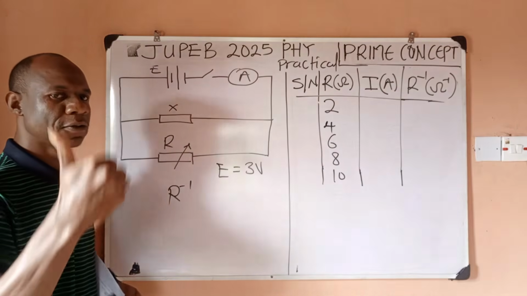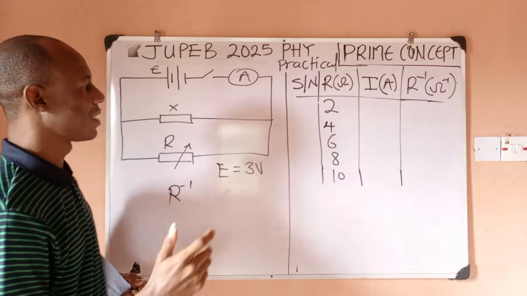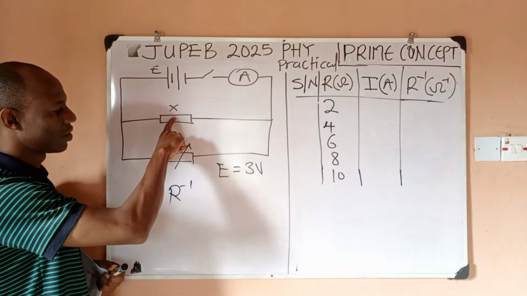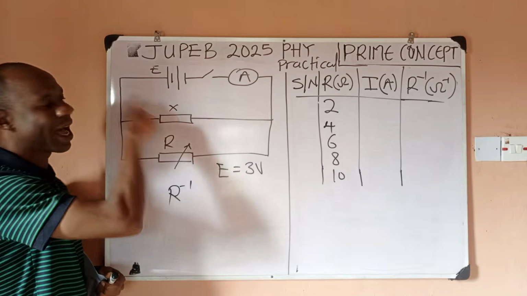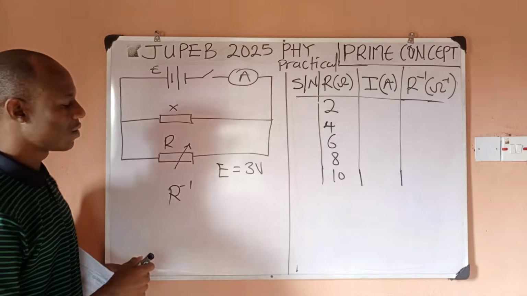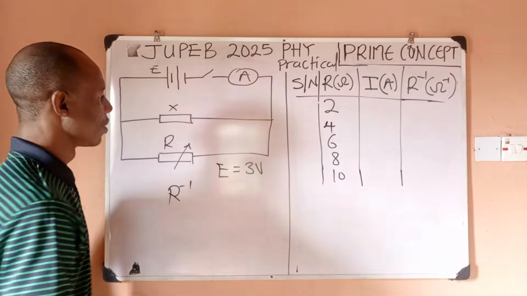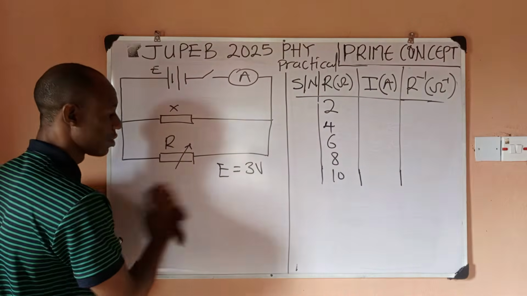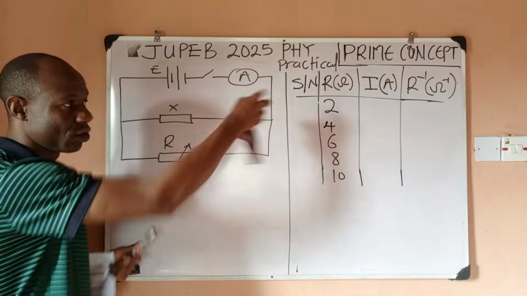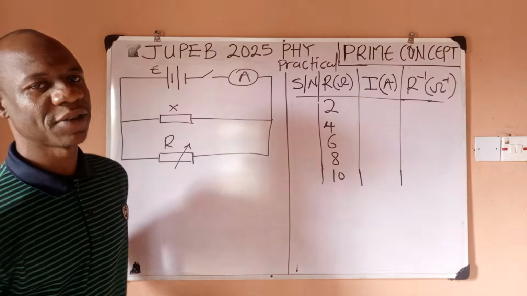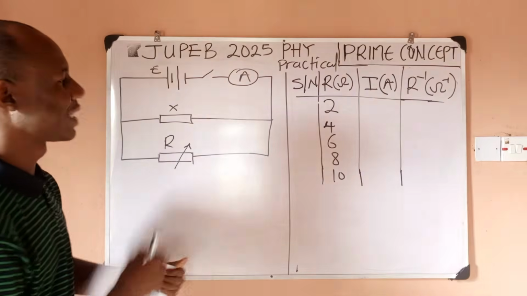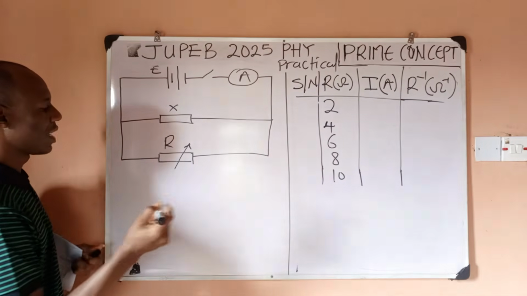Whenever you want to find total current in a circuit, first you understand that these two resistors are in parallel. So what will their equivalent resistance be? We're trying to generate a formula we can use to find I, even without performing the experiment. So follow me keenly and the concept will be clear to you.